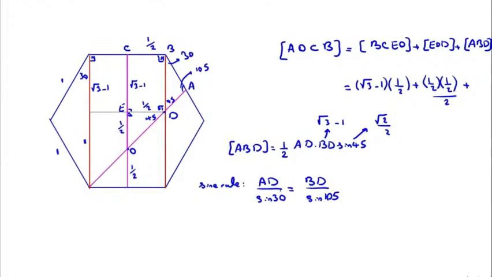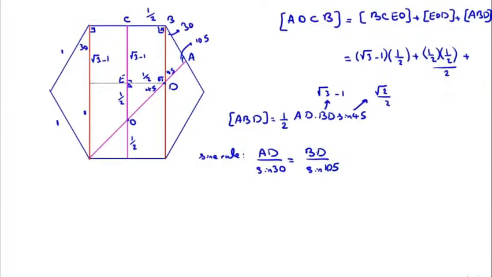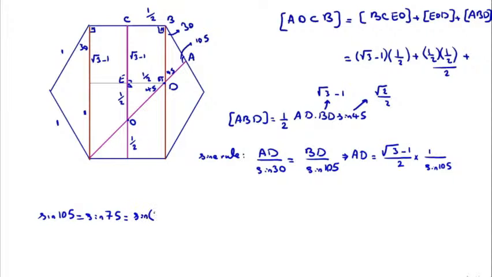Because I want to find only AD, I know BD is root 3 minus 1. And I say AD is BD times sine 30, which is 1 half. So BD is root 3 minus 1 over 2 times 1 over sine 105. For sine 105, let's calculate. Sine 105 equals sine 75. And sine 75 is equal to sine 30 plus 45.